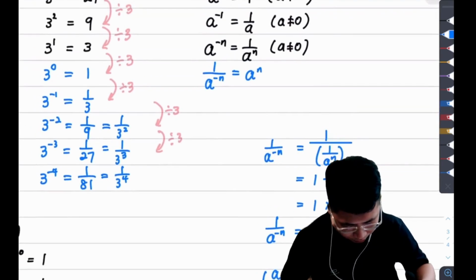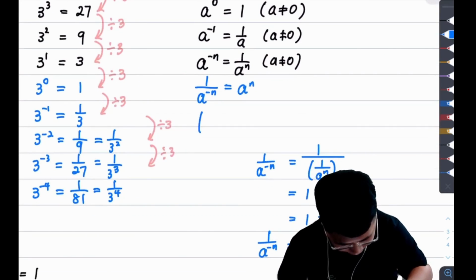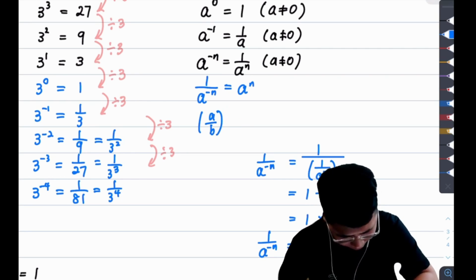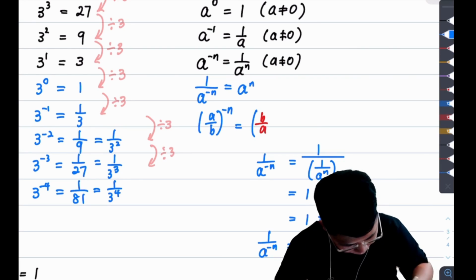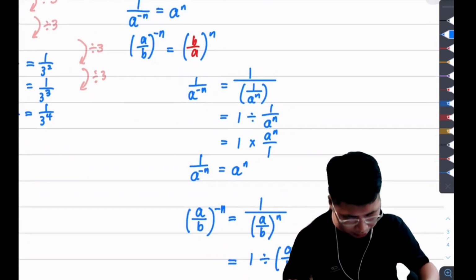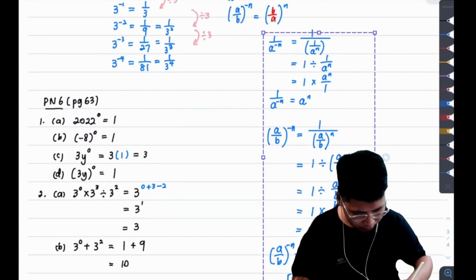So let me add the result over here for you. Okay, the last result is a over b to the power of negative n would be equals to, in red, b over a to the power of n, right? And let me remove this so that you can see.